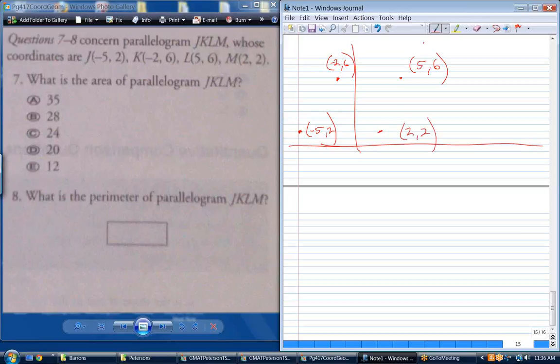Looks like a parallelogram. That is certainly parallel to that. I don't know if that slope is the same as that slope.